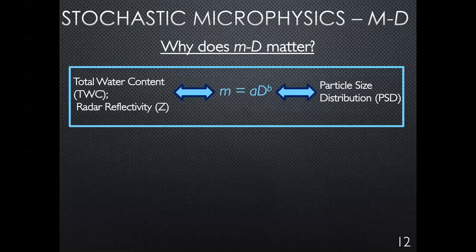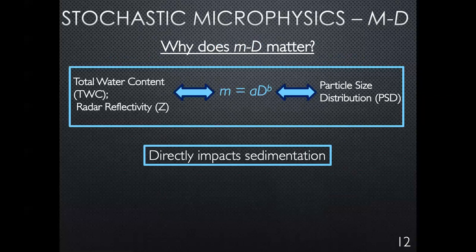Well, it's used to relate bulk microphysical properties such as the total water content or the simulated radar reflectivity to the particle size distribution. And thus, even outside of numerical models, it's used in radar reflectivity forward models or even satellite simulators. The relationship is also used in combination with the area size relationship to derive the particle fall speed.